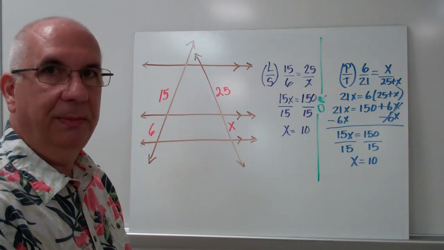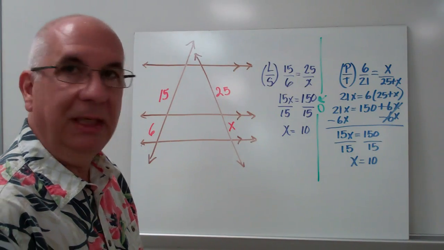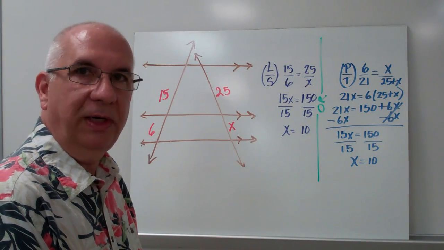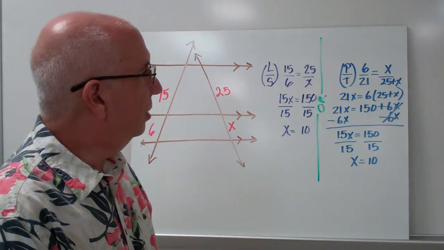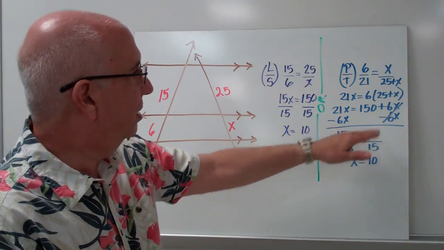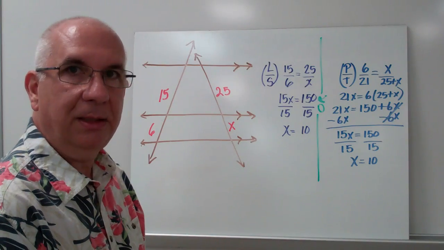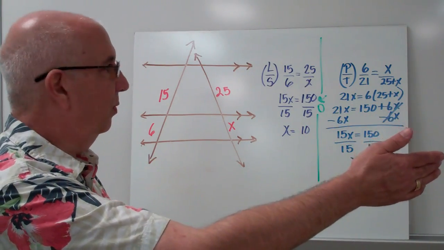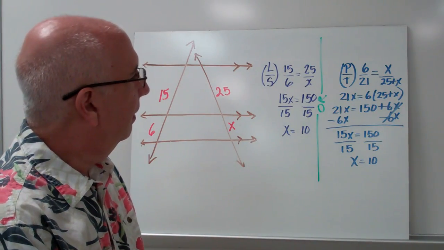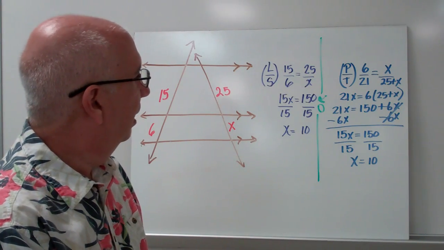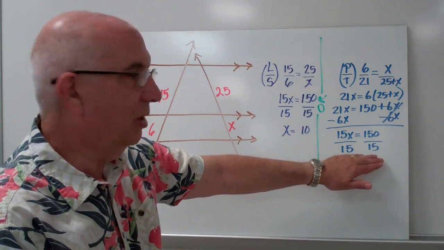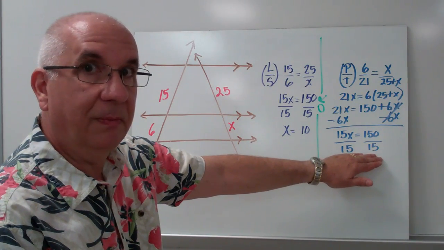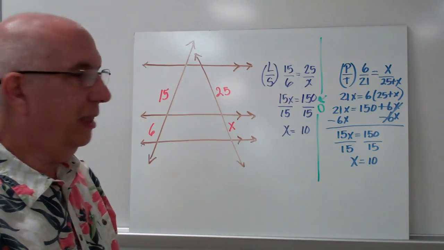Cross products gives us 21x is equal to 6 times the quantity, 25 plus x. Distribute gives us 21x is equal to 150 plus 6x. Move the 6x from the right to the left by doing the opposite, and I end up with 15x is equal to 150. Then I have to divide by 15, where x is equal to 10.